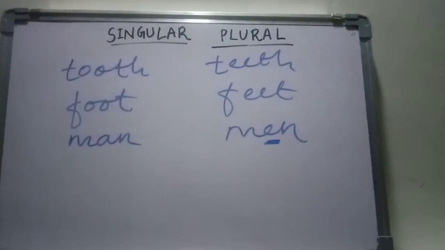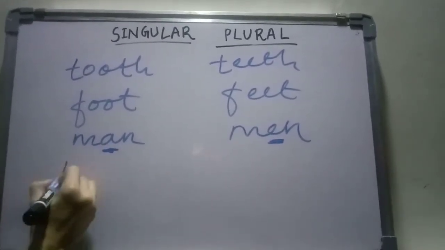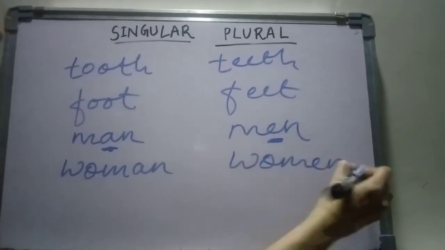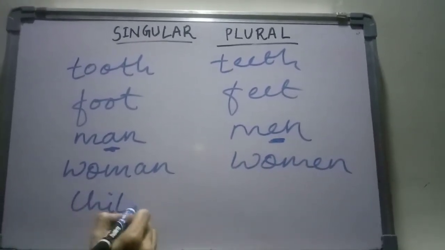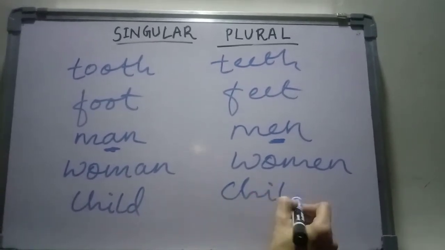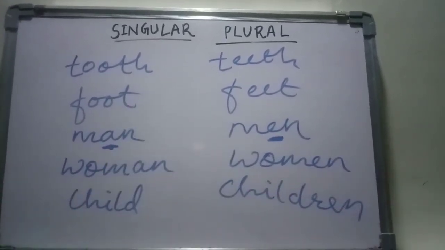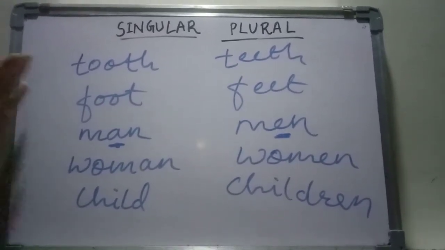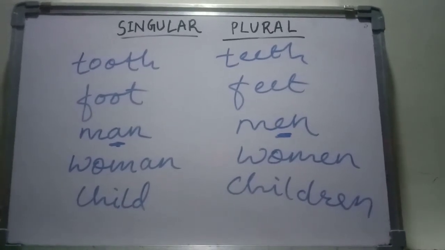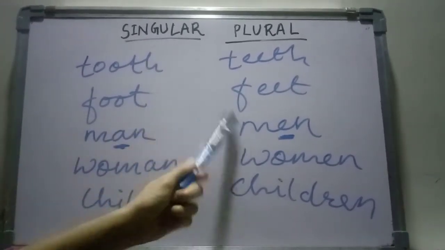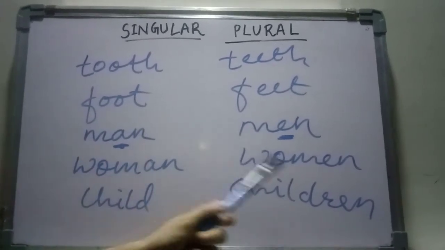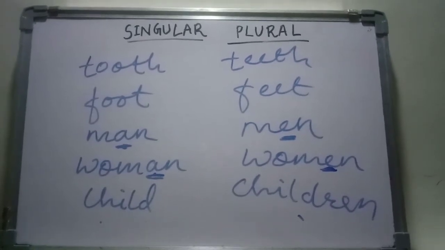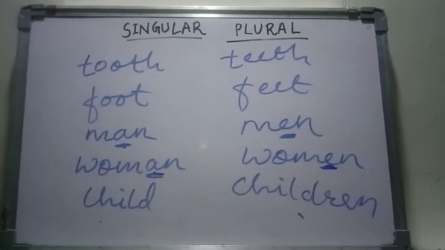This is the difference. Woman becomes women. Child is 1, children more than 1. These are irregular words which are commonly used. There is a list of words, but these are more frequent words which we use. Tooth becomes teeth, foot becomes feet, man becomes men, woman becomes women. Again, E and A difference, child becomes children. These are some of the irregular words.